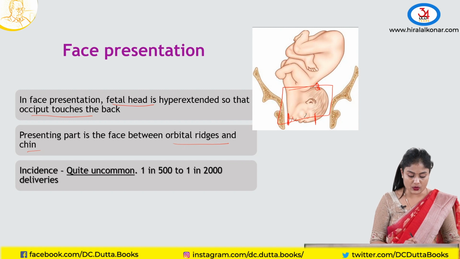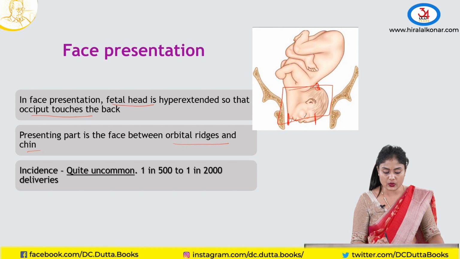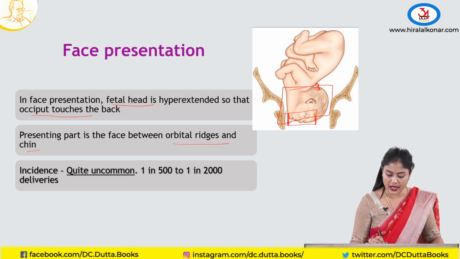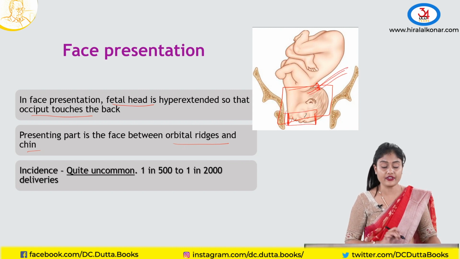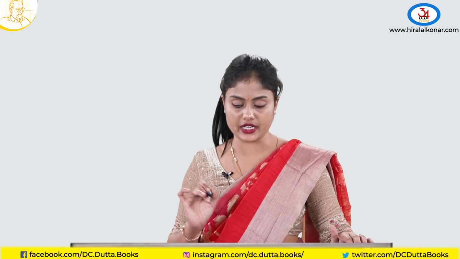The incidence is quite uncommon, 1 in 500 to 1 in 2000. It is quite rare. Such a degree of hyperextension is also very rare. So, this is the presenting part and mentum is the denominator.